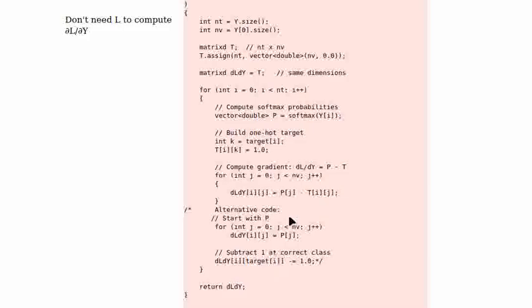Now actually we can shorten this method by using code like this.